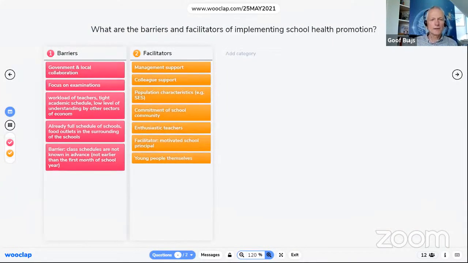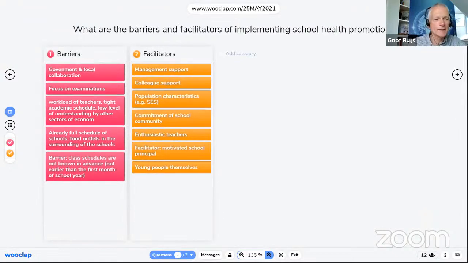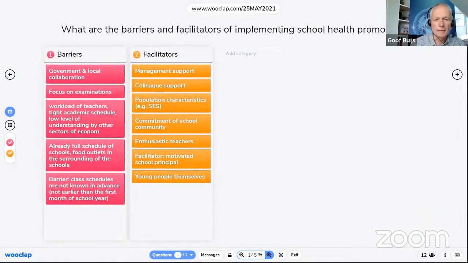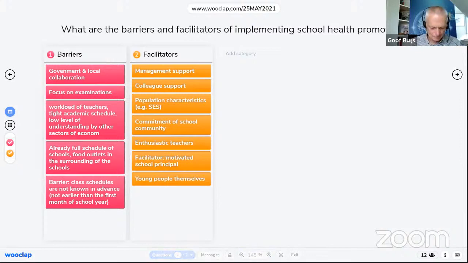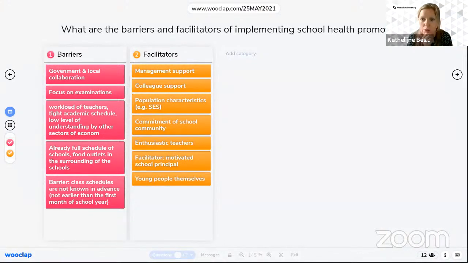Okay. So here are a number of barriers and facilitators that were mentioned. And maybe Kathelijne, you can reflect on that, because that was also what you were sharing. Yeah, I think it's quite recognizable and comparable to what we found in the project. And of course, I think an important barrier is also the focus on examinations. Yeah, totally agree. This is of course still the main priority in schools, to work on learning improvements and knowledge and skills.